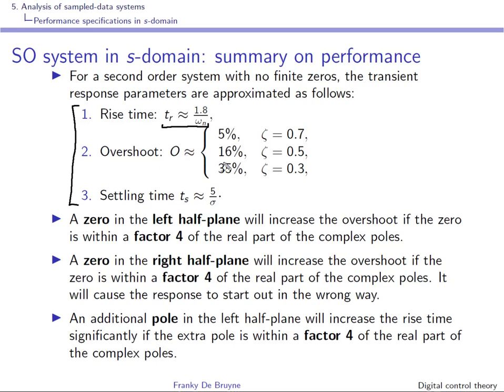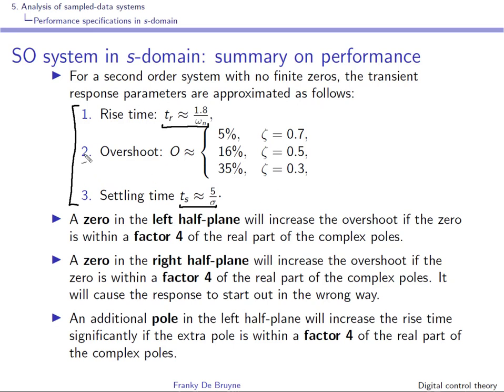Here we have a series of overshoots that correspond to values of the damping ratio zeta, and the settling time Ts is approximately given by this equation, 5 over the real part of the dominant poles.